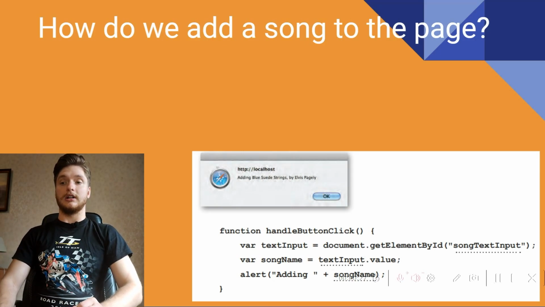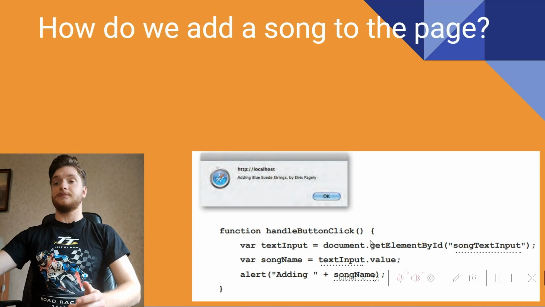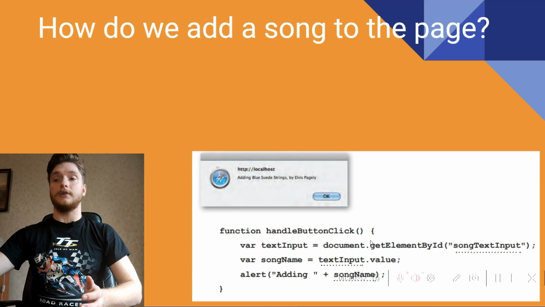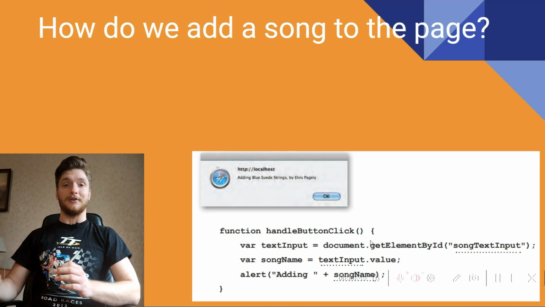Of our last lesson. Okay, first we need to get a reference to the text input element in the form. We've given this element the ID of song text input, so we can use that with getElementById to get a reference.